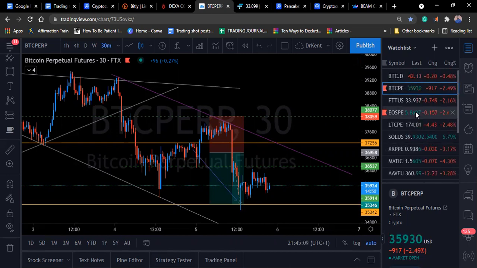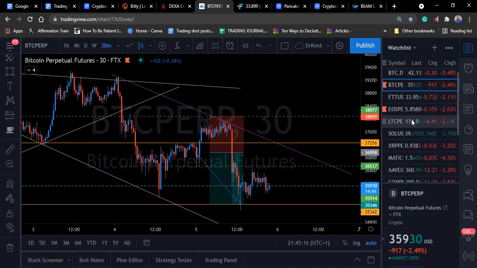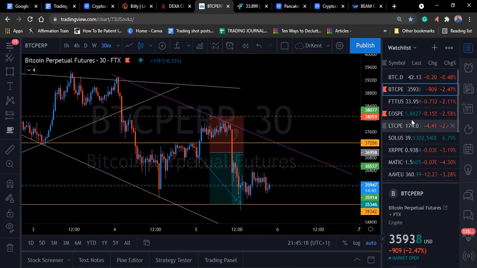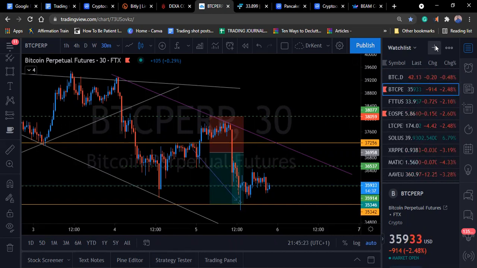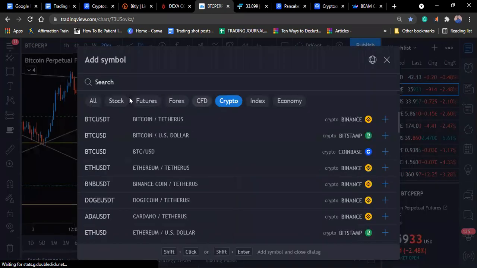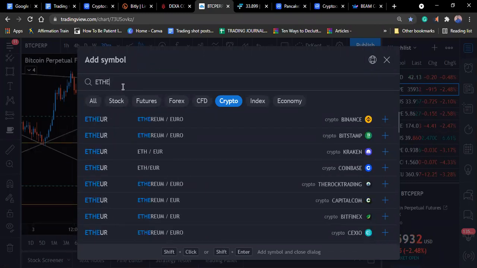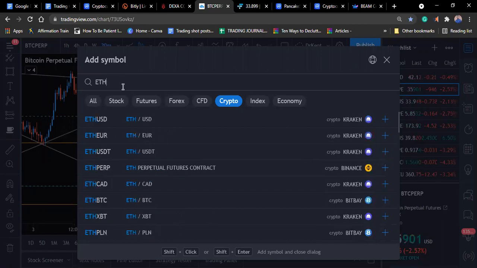So Ethereum, where are you? ETH. Okay, I don't know, maybe I mistakenly closed it. So let's add Ethereum. Click on the plus sign, go to crypto, then you add Ethereum. You can choose any exchange, but most times I prefer to use ETH perpetual.